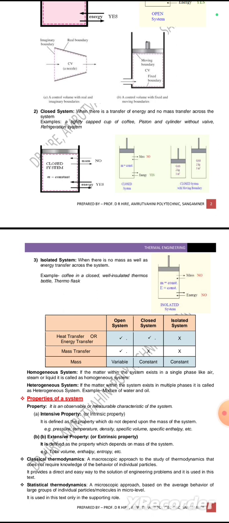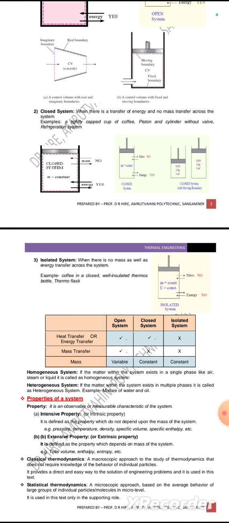As for the mass of the system, in an open system as mass is transferable, it is not constant and is a variable quantity, but in closed and isolated systems the mass of the system is constant. So these are the three types of system.